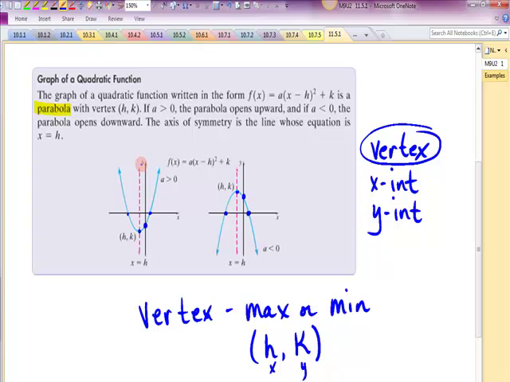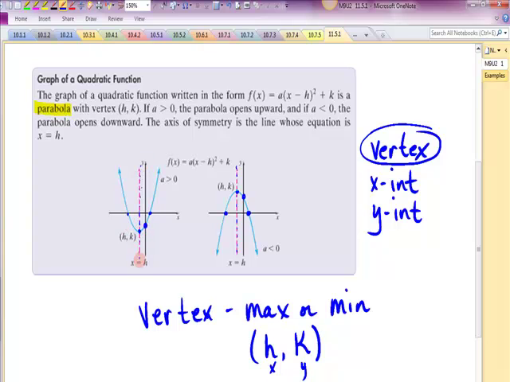There is a line which is not part of the graph, but it might be called sometimes the folding line. It is truly an axis of symmetry. For any point on the left side, there is a matching opposite point on the right side. The axis of symmetry always goes through the vertex. It has to. The vertex is the point at which it separates left and right.